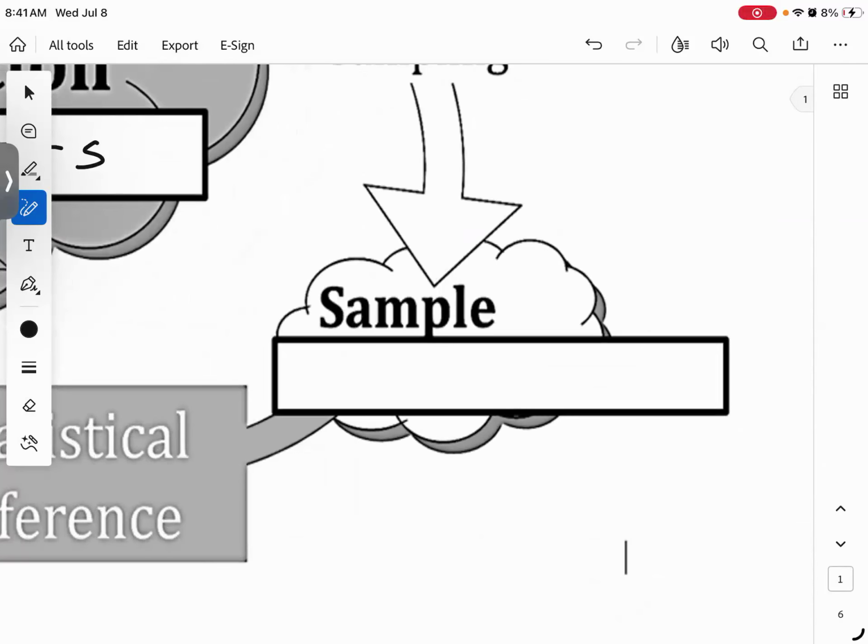Whenever you use just a sample, it's not a parameter anymore. That's called a statistic. A statistic is a value calculated from just a smaller portion of the population, and you let that statistic hopefully be a best guess at what's true about the population.